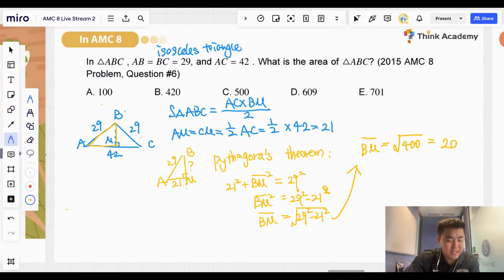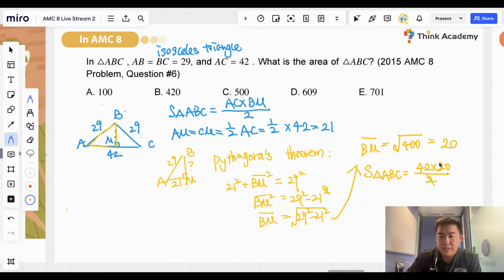We can just plug in the value of BM into our area formula. So the area of triangle ABC is equal to AC, which is 42, times BM. What is BM? BM is 20. Then the denominator divided by 2.